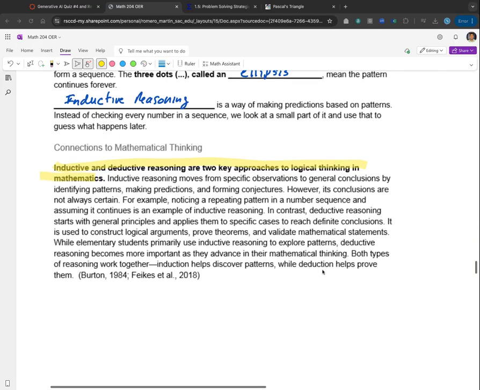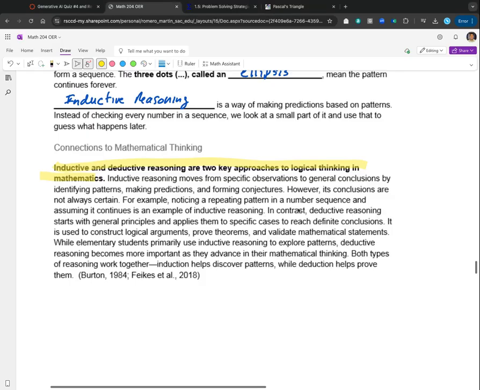When you make a prediction, you're using inductive reasoning, which is different than what we call deductive reasoning, which many people are used to in mathematics, right? Deductive is about using facts that we know for sure. Inductive reasoning is about noticing a repeated pattern and making a prediction.